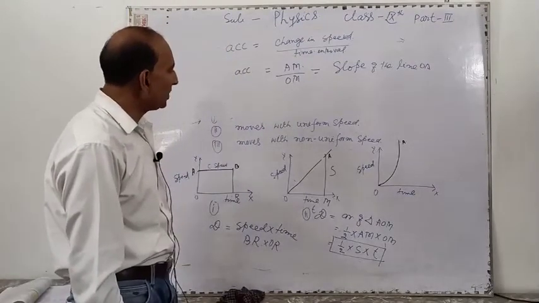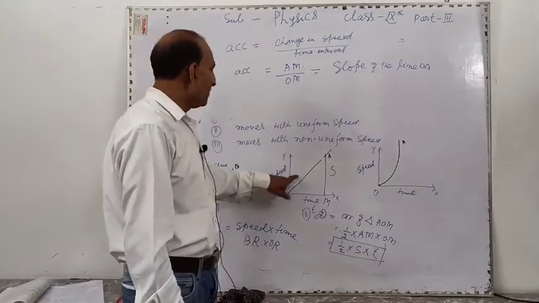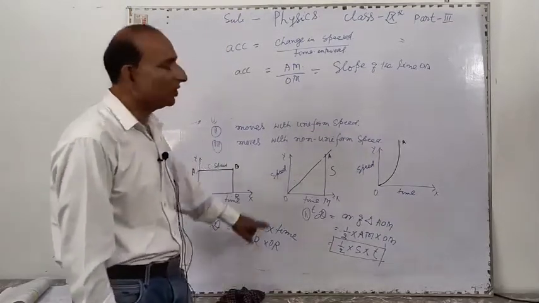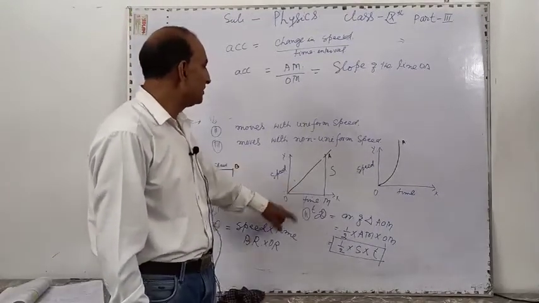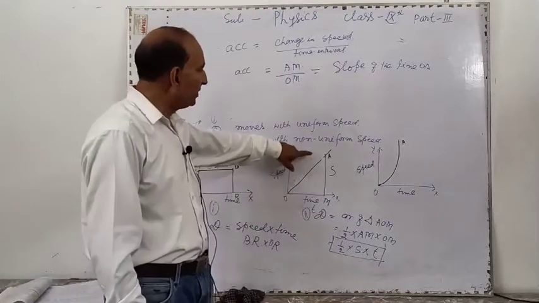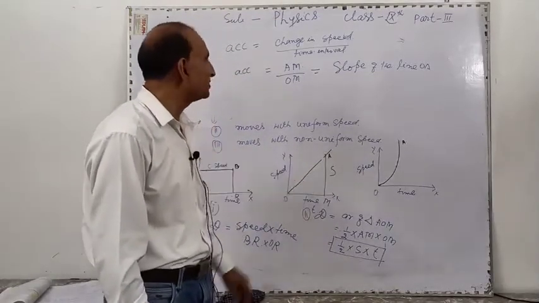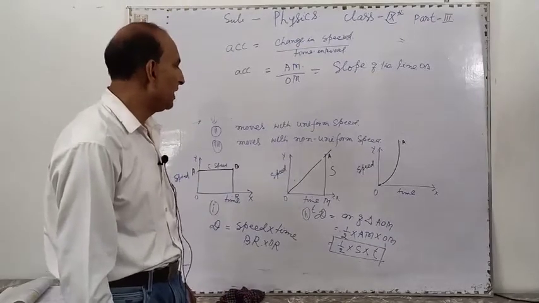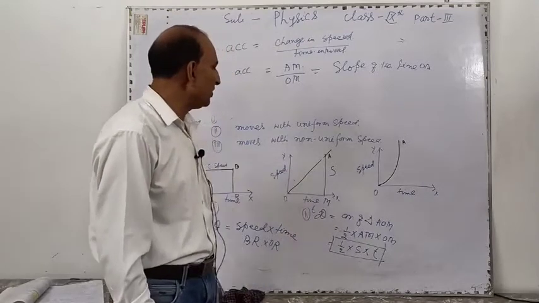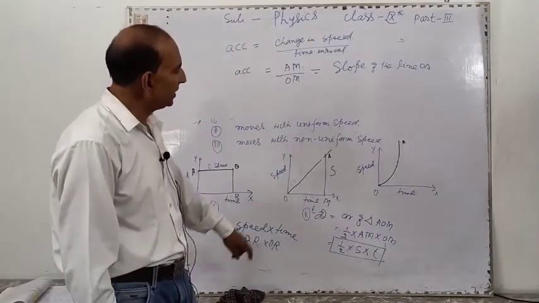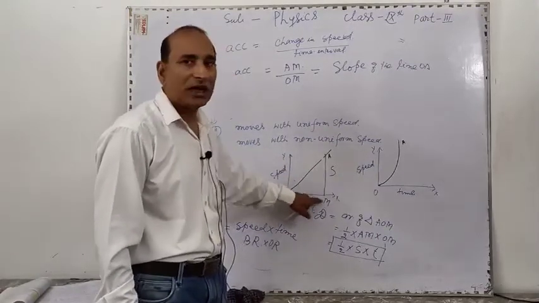That is, if an object is moving with uniform acceleration and we draw the graph between speed and time, then the slope of the graph gives the uniform acceleration of a moving body, and also the distance covered by a moving object is given by the area enclosed by the graph and the time axis.